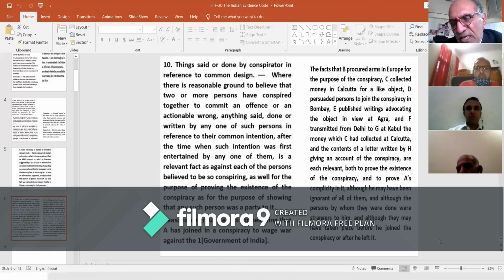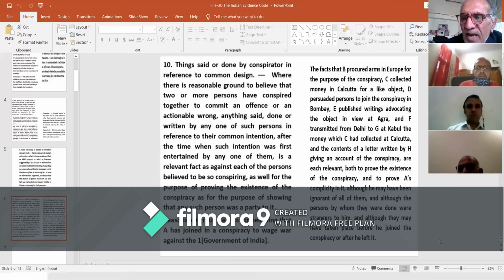This way we have seen that the Indian Evidence Act, by introducing the concept of relevancy, has really facilitated adjudication to reach a conclusive decision whether or not the charge stands proved.